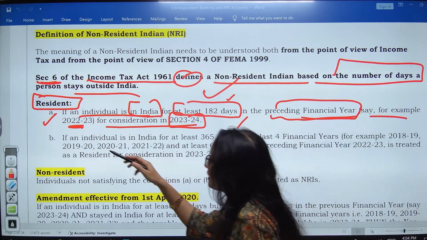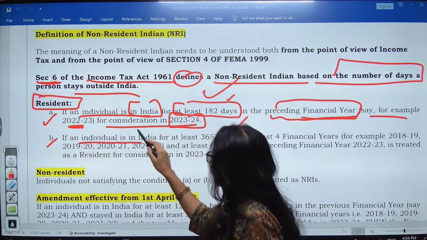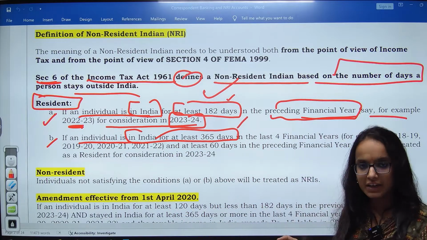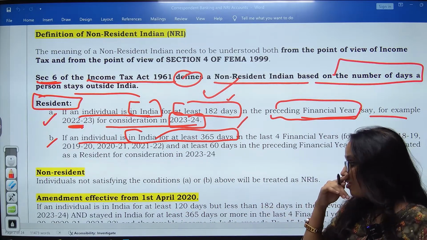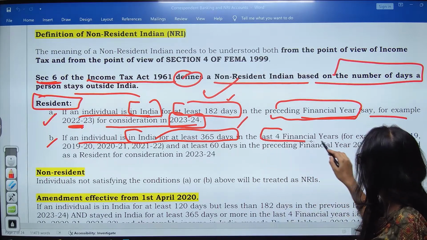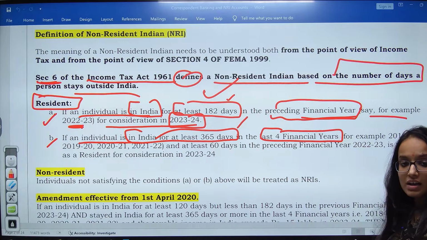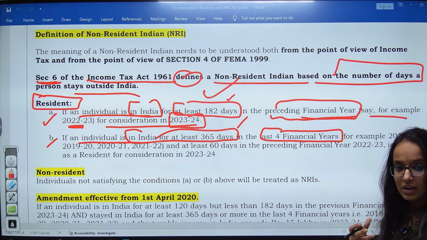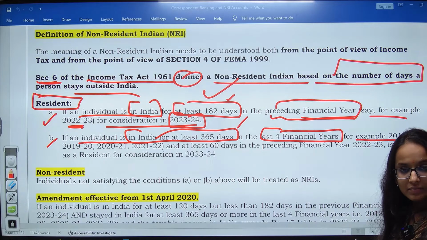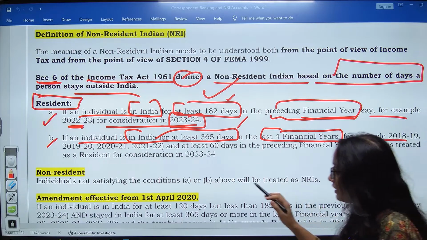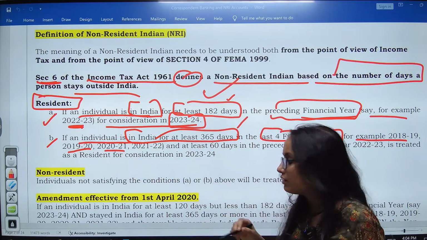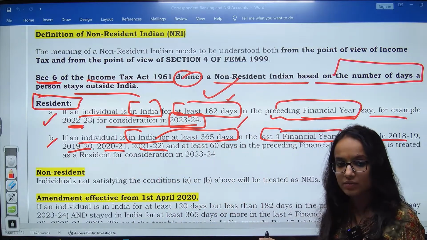Second is if an individual is in India for at least 365 days in the last 4 financial years. For example, 18-19 first financial year, then 19-20 second one, 20-21 third one, 21-22 fourth one.